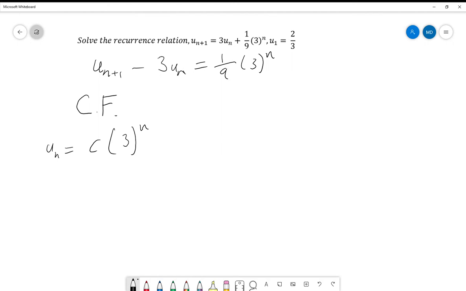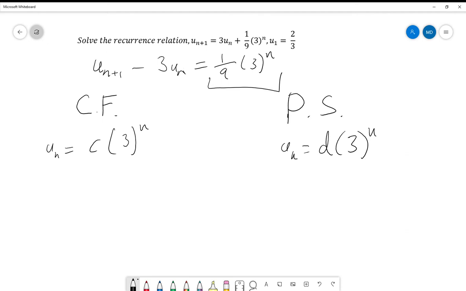On the other hand, solving it with the non-homogeneous part as well for our particular solution, we want to try something of the form un is equal to d times 3 to the n.